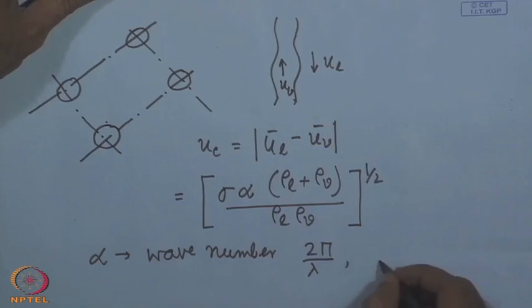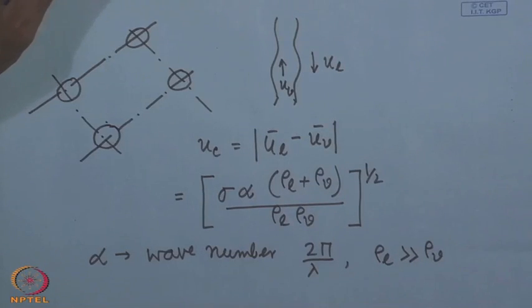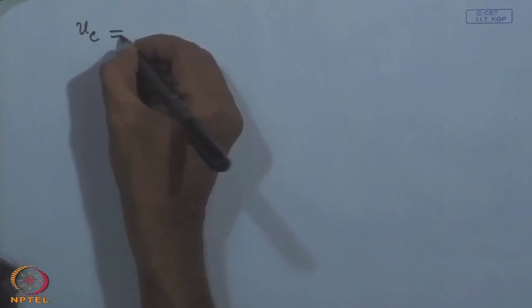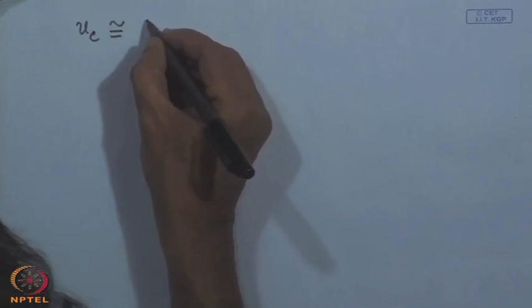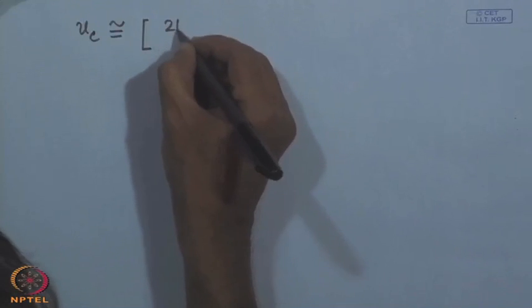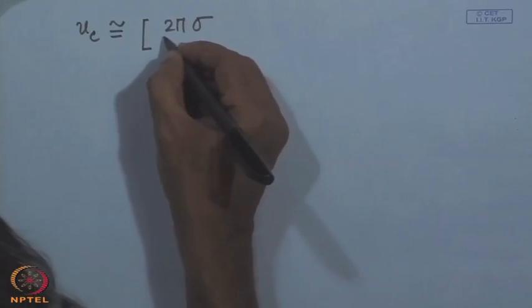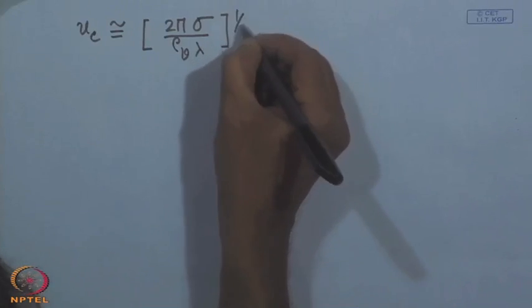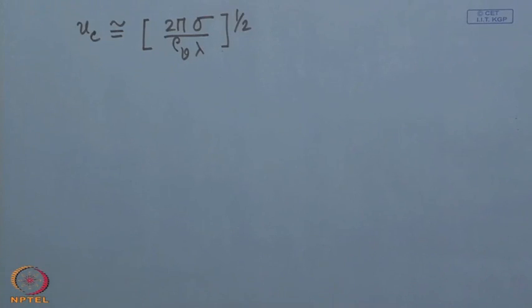Further, we can tell that rho L is far greater than rho V. So, compared to rho L, rho V can be neglected in the rho L plus rho V term, and if I do that, then one can get the relative velocity approximately given by 2 pi sigma by rho V lambda, to the power half. So, this is the relative velocity.